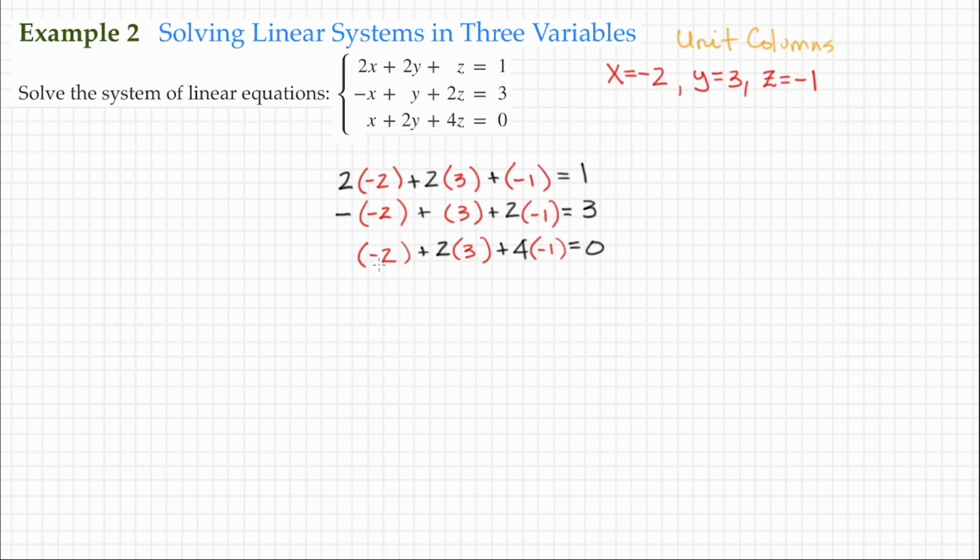So we have negative 2 plus 2 times 3, which is 6. Negative 2 plus 6 is 4. 4 times negative 1 is negative 4. And 4 minus 4 is 0. So it does satisfy the system. And this will be the only solution for this system. So it does seem to check out. And we're good to go.